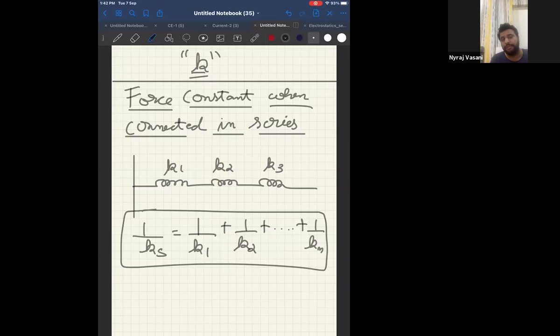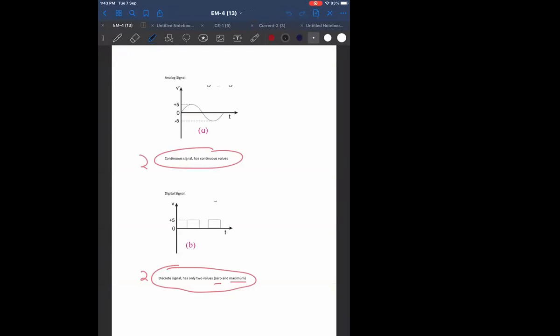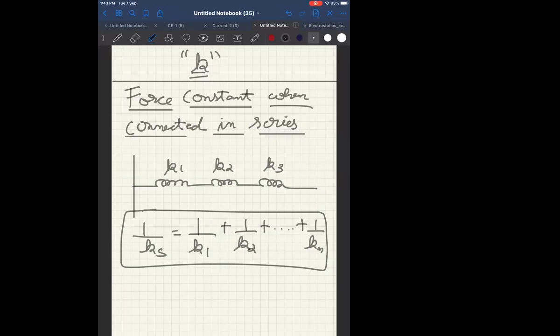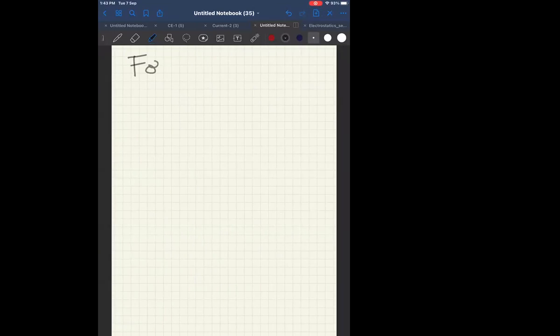But these are not resistances; these are spring constants. Okay, sir. Correct, Pooja.